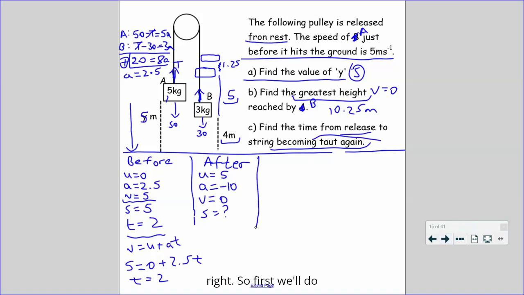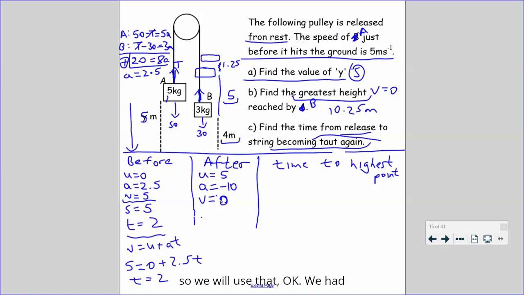Right. So first we'll do time to highest point. Right, now we calculated highest point means V is 0, so we will use that.